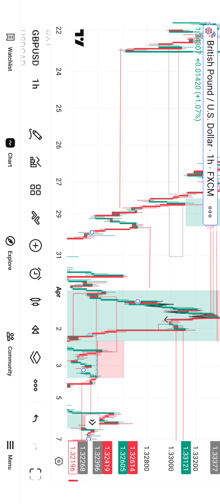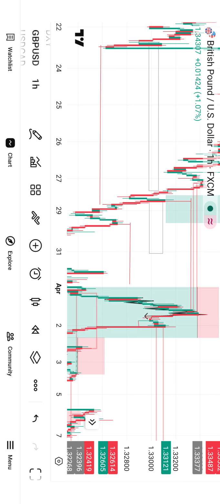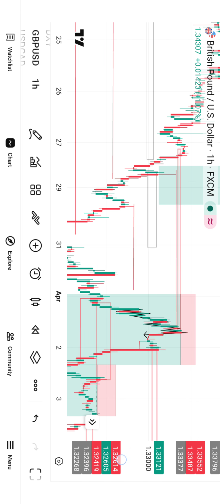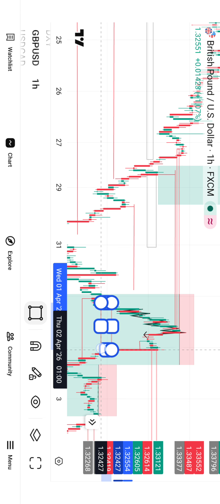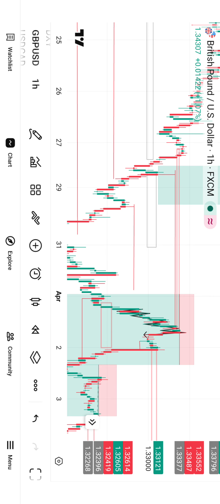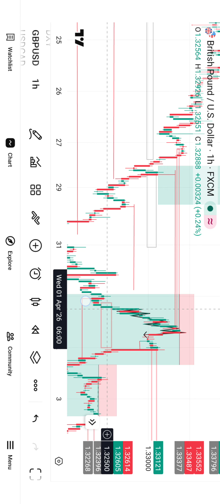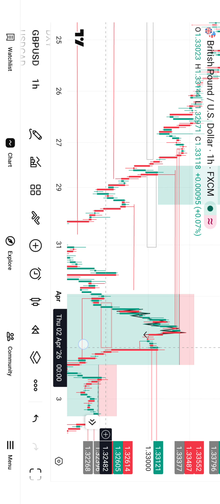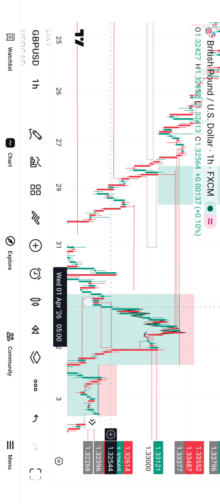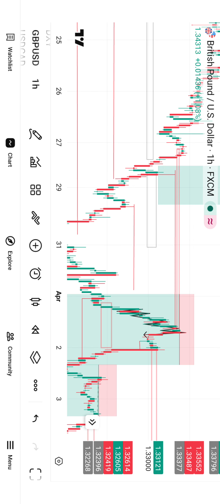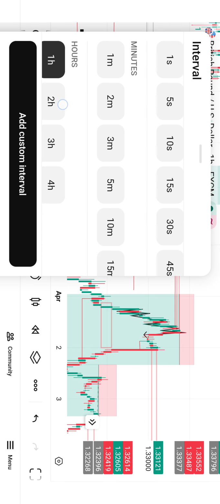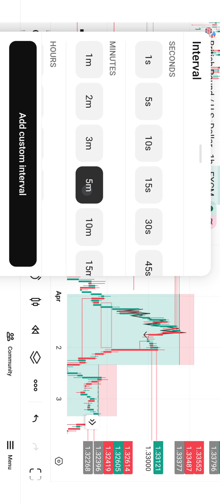Actually, we've already seen the market structure shift from up here, but since we missed it, we are going to look: okay, fine, price did not react from this particular buy order block. So then we are now going to look at the same order block that broke this first buy order block right here. So that's when we went down to our 5 minute time frame.